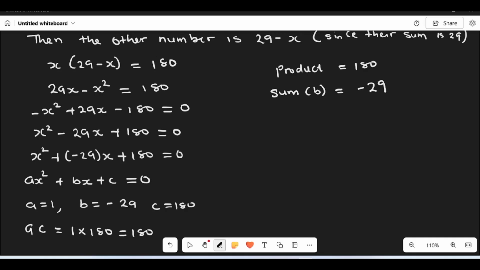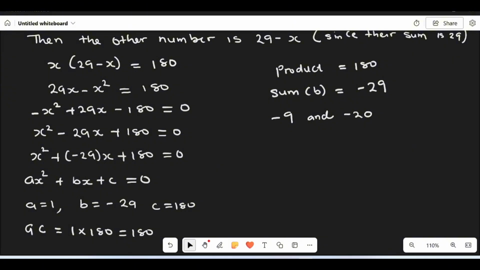I want you to note that minus 9 and minus 20, the product will give us 180, and the sum will give us minus 29. So the correct pair is minus 9 and minus 20.